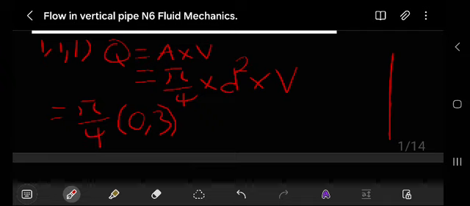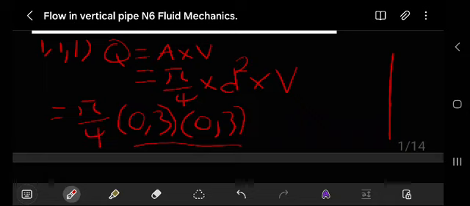When you square this, it's the same as multiplying 0.3 again, that means you multiply something 2 times. Then you multiply this by the velocity, which is 4.5 that we've been given, right? Then you punch this on your calculator.